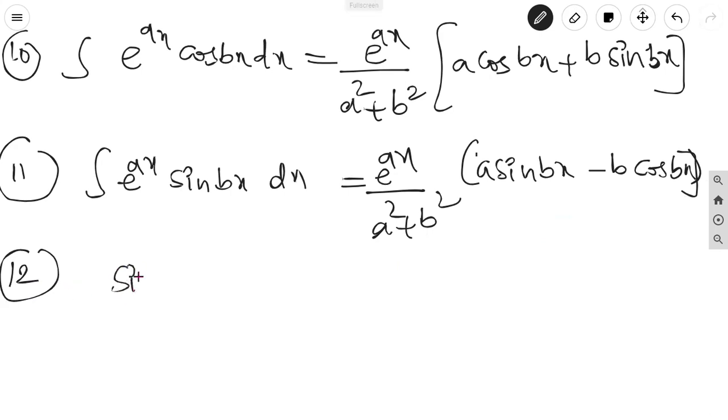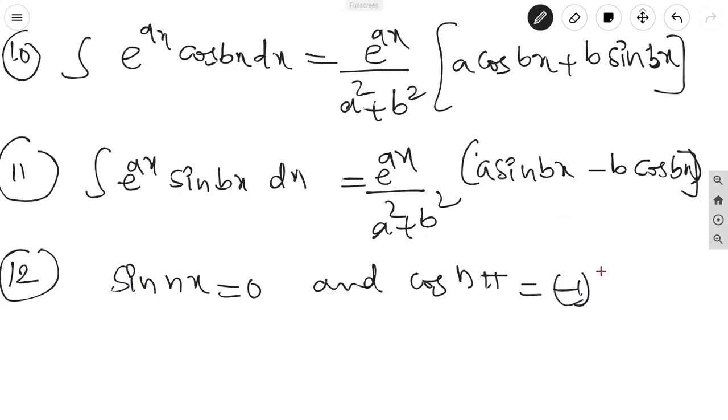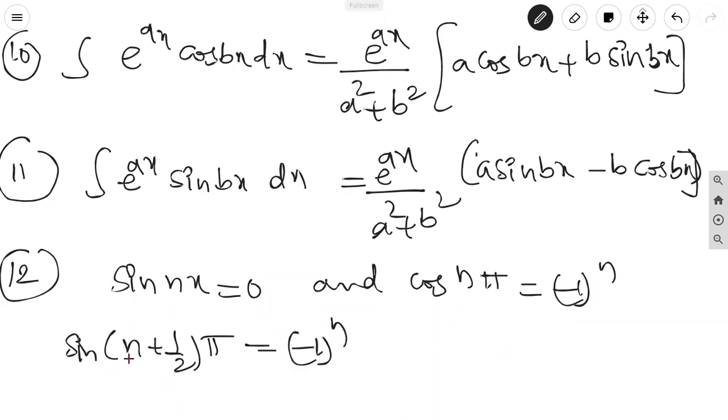12th one. If sin n pi is equal to 0 and cos n pi equal to minus 1 whole power n, then sin of n plus 1 by 2 into pi equal to minus 1 whole power n. Why? n pi plus pi by 2, sin of pi by 2 value is 1. With n pi, it lands in the second, third or fourth quadrant, so pi by 2 plus n pi gives either negative or positive 1.